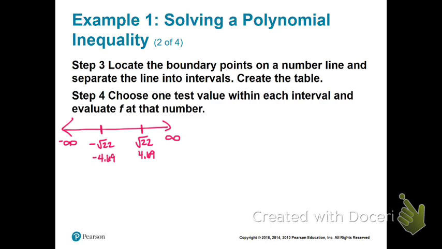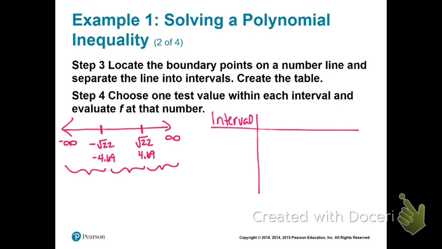All right, so do you see your intervals here? So we're going to set up our interval table. So remember, it says interval, the x value, the y value, and the sign.